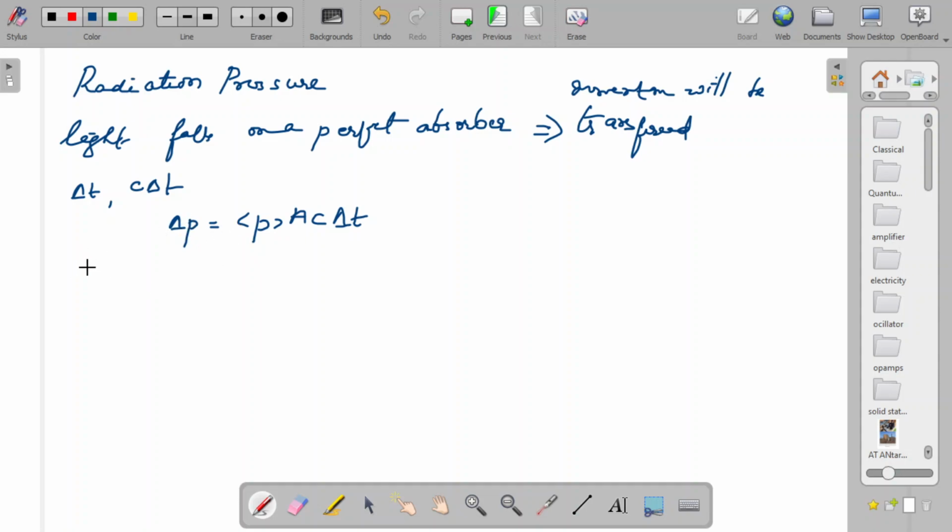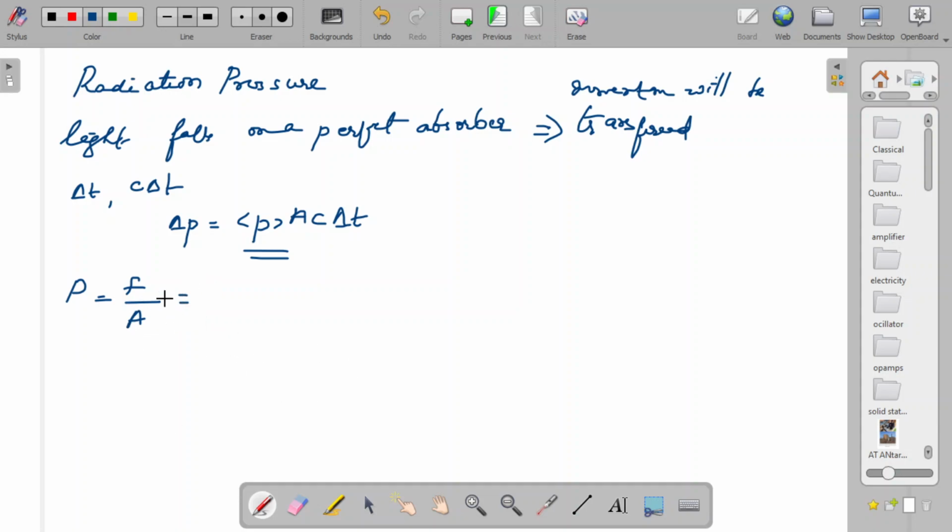Now let me talk about the radiation pressure. Radiation pressure is force acting per unit area, as always, right? And what is this force?